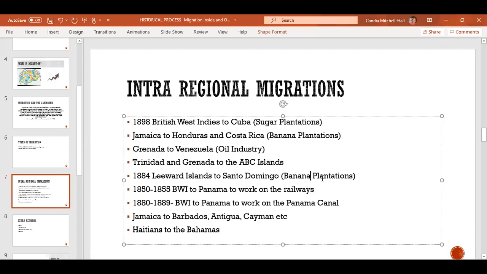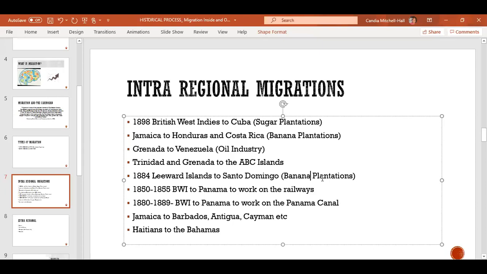45,000 Jamaicans who would have gone to Panama to work. And they were very much involved in the construction of the Panama railways.